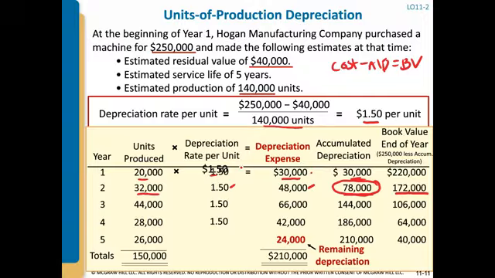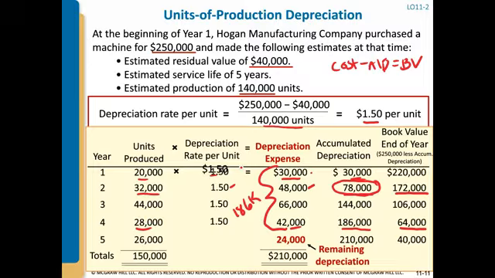Let's fast forward to year four. We make 28,000 units, which gives us depreciation expense of 42,000, and our cumulative depreciation expense over these four years is going to be 186,000. That's how we get that. And our ending book value is 64,000.